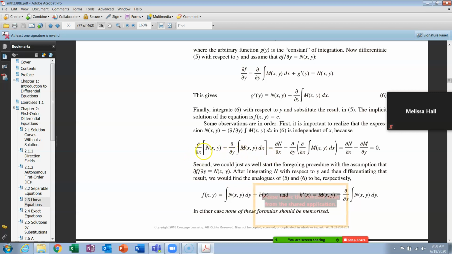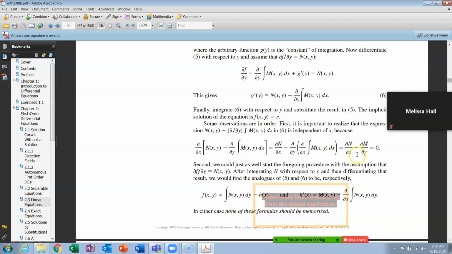And when you do that, the partial of n with respect to x, we've already done that, minus this thing. Well, this thing is the partial of m with respect to y, because this is a derivative of an integral with respect to the same variable, so that gives you this. Well, there's what you had to begin with. The partial of n with respect to x has to equal the partial of m with respect to y.